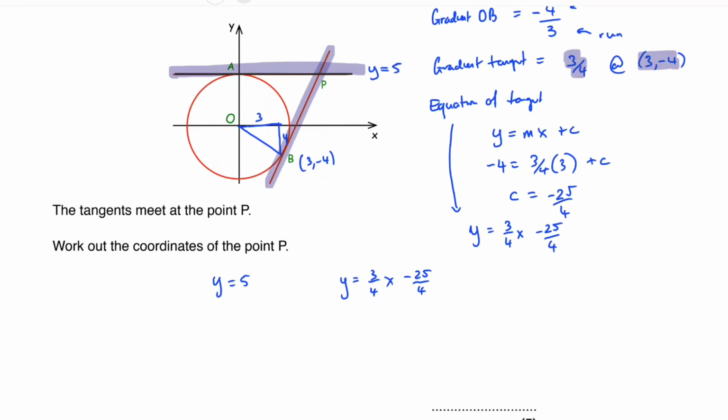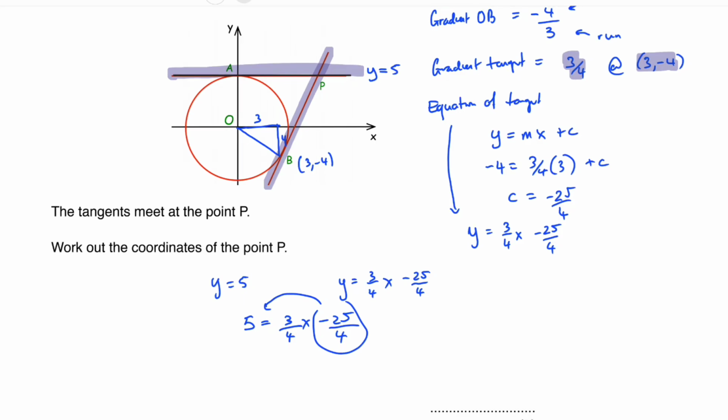If we want to figure out where they meet, well, then we let them be equal. 5 is equal to 3/4 x minus 25 over 4. So you can bring this over: 5 plus 25 over 4, and you can use your calculator, is 11 1/4, and that is equal to 3/4 x.